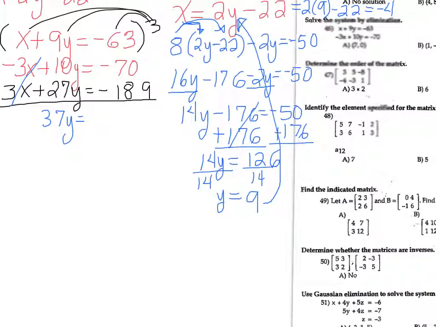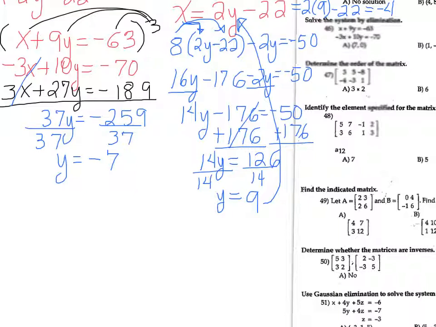Yes, that's a big number. What is that supposed to be? Negative 259. Thank you, Tony. Negative 259? Great. Then we divide by 37. What is negative 259 divided by 37? That is negative what? 7. Negative 7? Nice. Whole number.